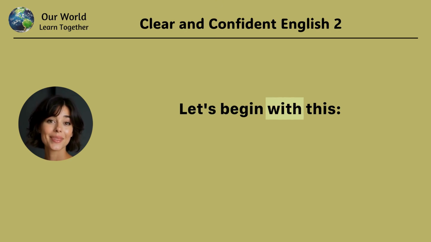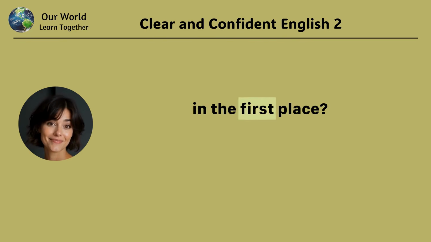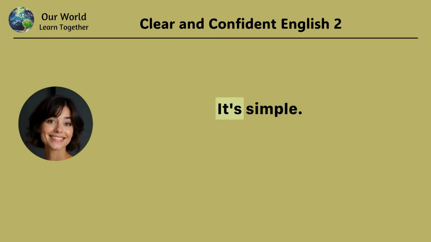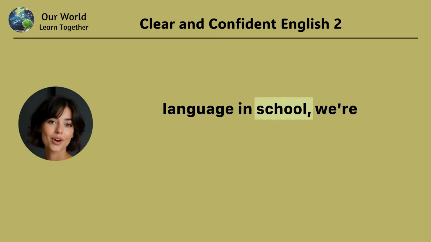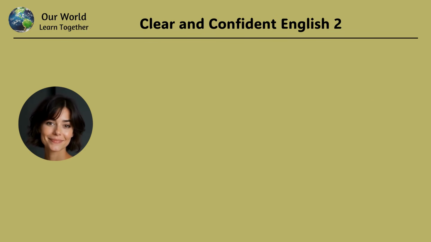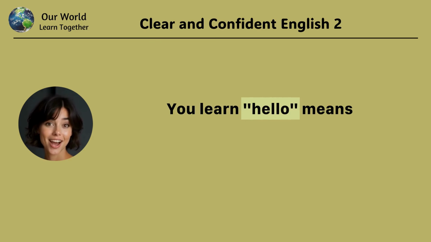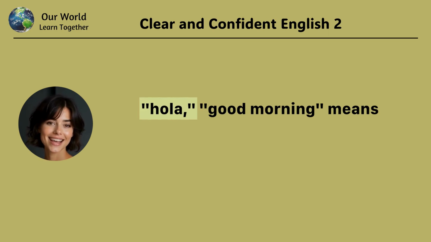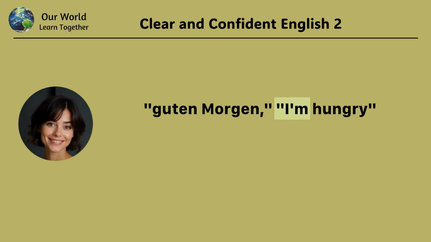Let's begin with this. Why do we translate in the first place? It's simple. When we learn a language in school, we're usually taught through translation. You learn hello means hola. Good morning means guten Morgen.